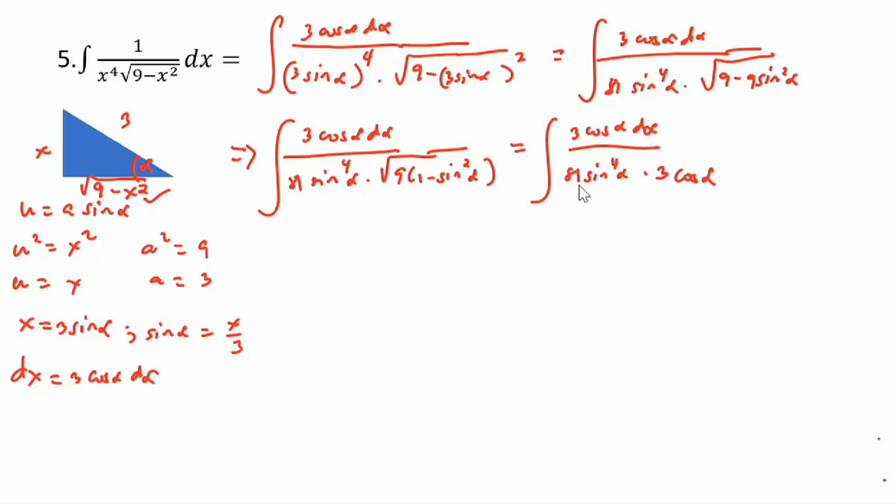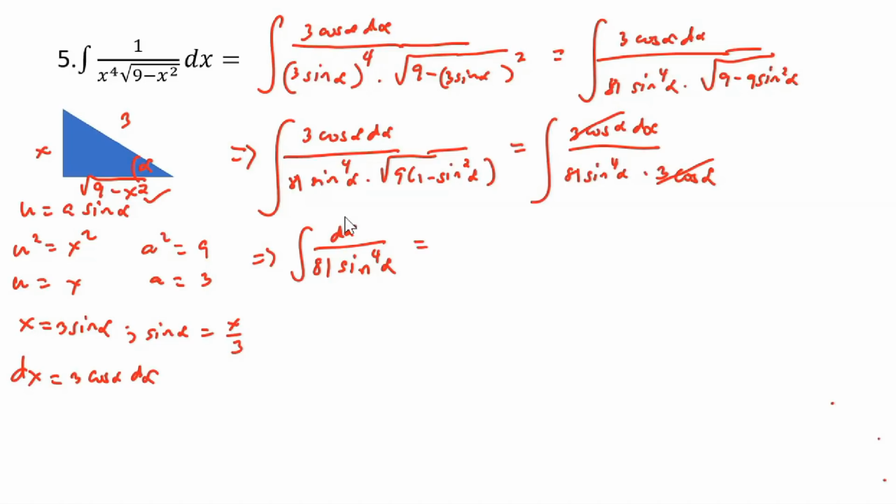As you can see here, we have 3 cosine alpha d alpha in the numerator, and I also have 3 cosine alpha in the denominator. So we can now cancel that one because it will just give us the value of 1. Therefore, we have here now d alpha. The remaining terms now are d alpha over 81 of sine to the fourth power of alpha.